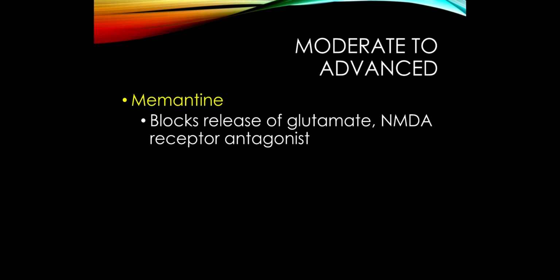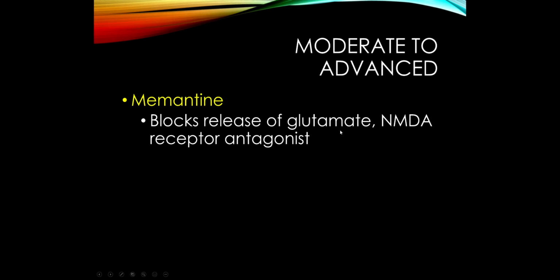Now, when we're in a moderate to advanced stage, we really don't have good evidence that these acetylcholinesterase medications are helpful. And so now we consider the medication memantine. One theory of Alzheimer's is that glutamate, which remember is the main excitatory neurotransmitter in the brain, through excessive stimulation of the NMDA receptor may have some toxicity to neurons.